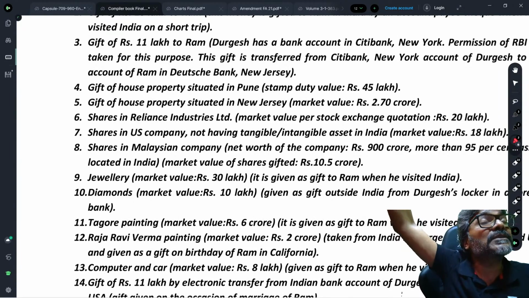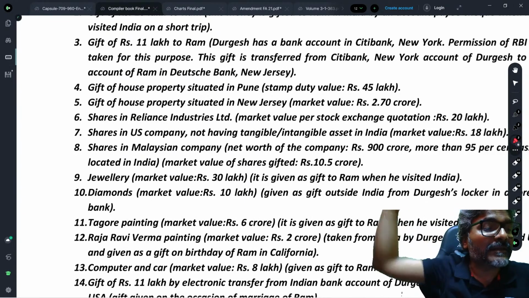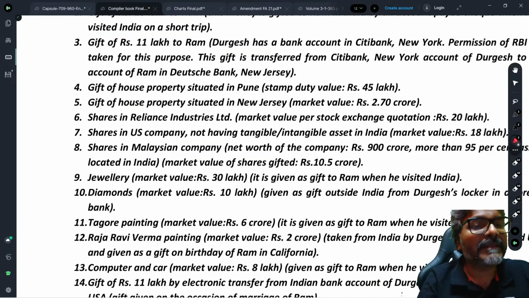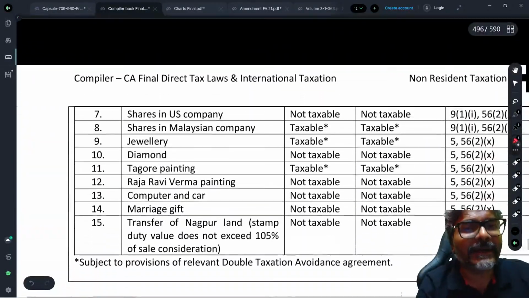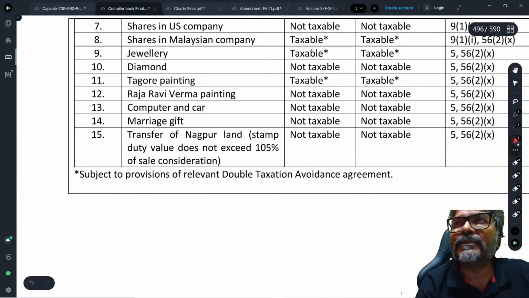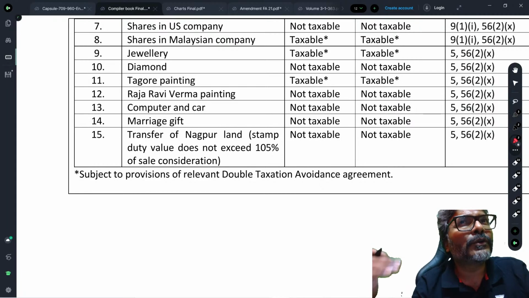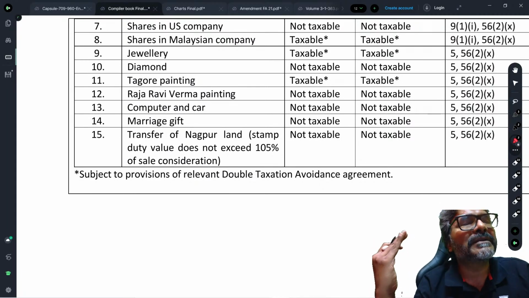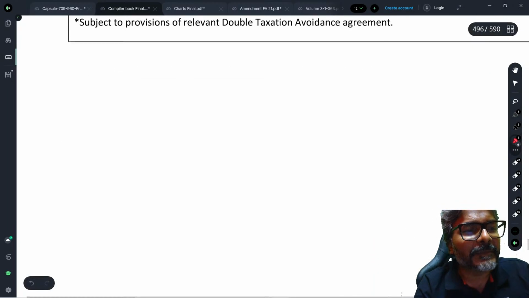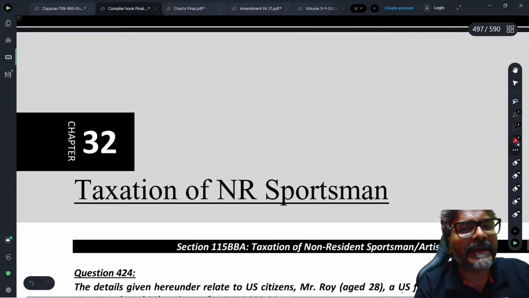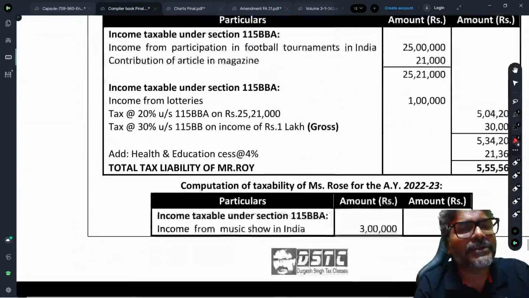The question is where this agent, who is based outside India, provides the services. The services are provided outside India, and therefore the commission is deemed to have accrued outside India. Now obviously the commission would have been remitted by the supplier in India to a bank account which is situated outside India.